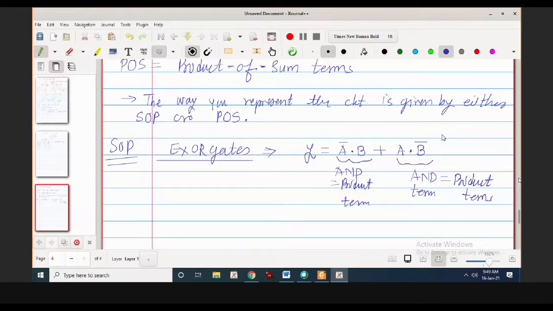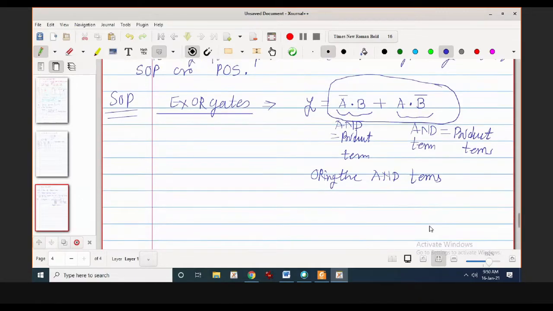Okay, now look at everything. What I am doing is the ORing business, ORing the AND terms. And what is OR? OR is nothing but sum, addition.